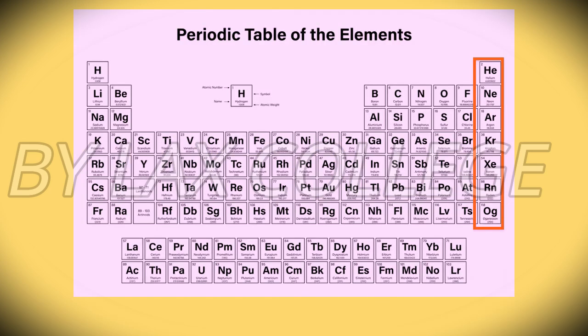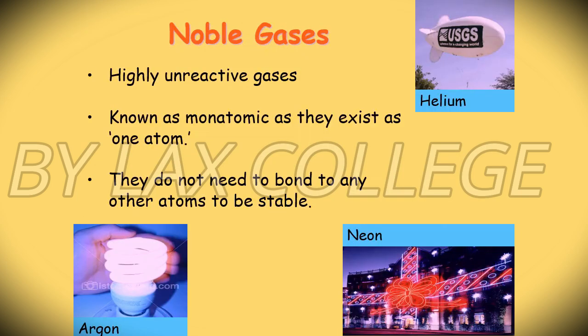Next, what we're going to look at in the periodic table is the very final group, called group 8, or sometimes group 0, and it's got another special name, they're called the noble gases. Now, the noble gases are the least reactive gases.